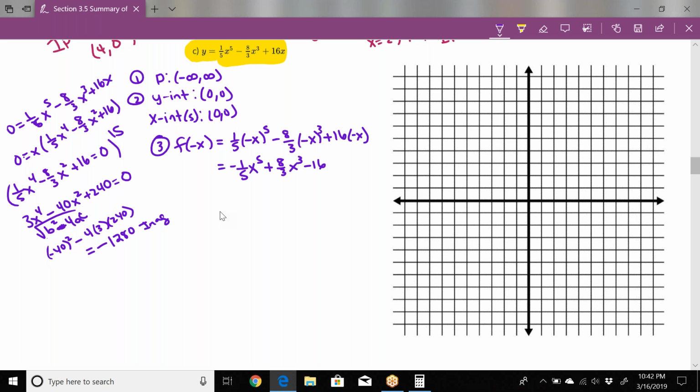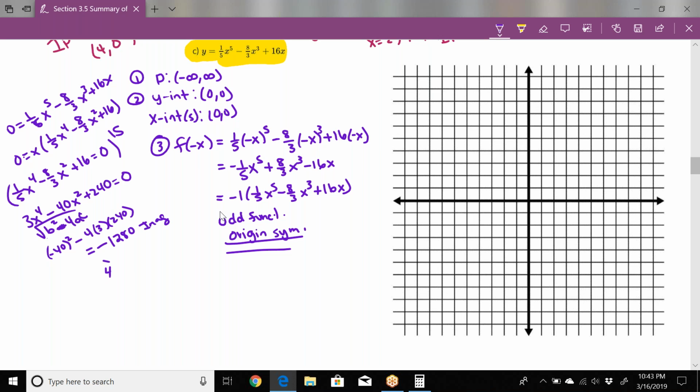Now that is not the original function, but if you pull a negative 1 out, it is the original function. And this is an x, by the way. So what that means is that this is what we call an odd function, which means we have origin symmetry. So that's nice to know for graphing purposes.